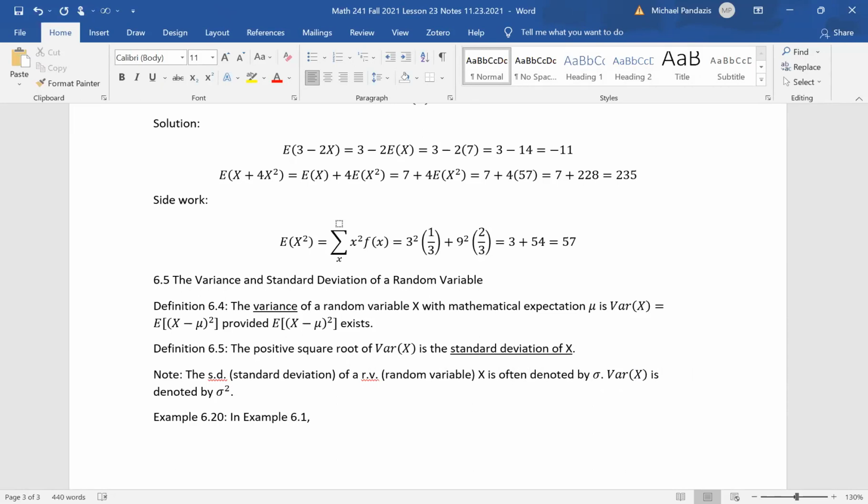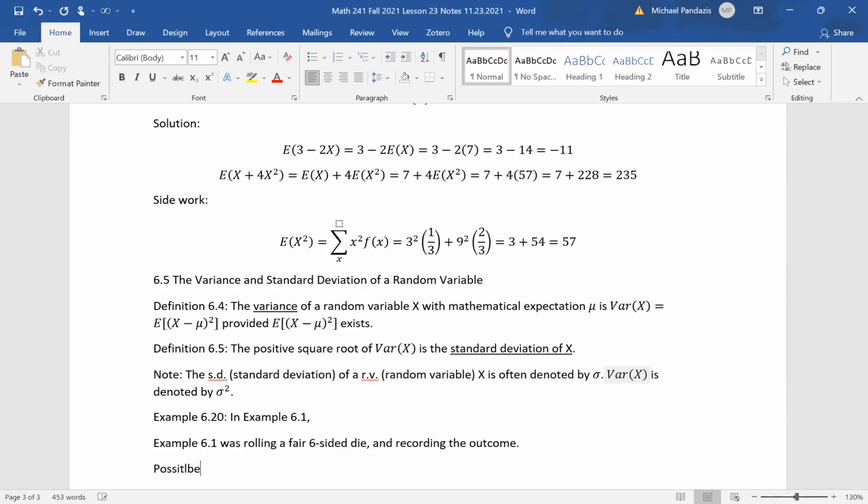Example 6.1 was rolling a fair six-sided die and recording the outcome of that one roll.